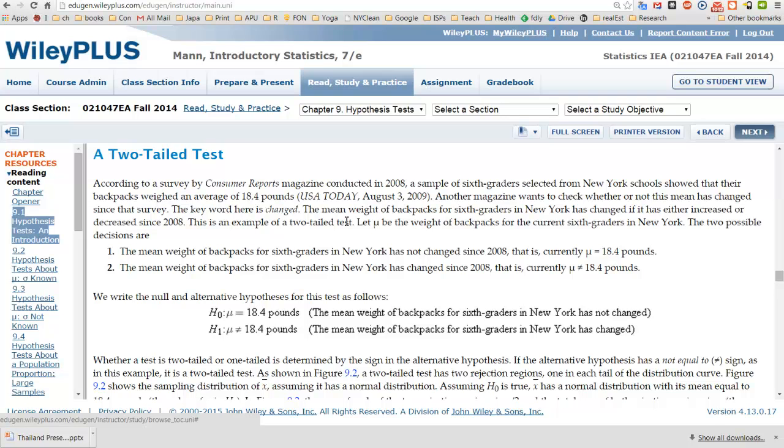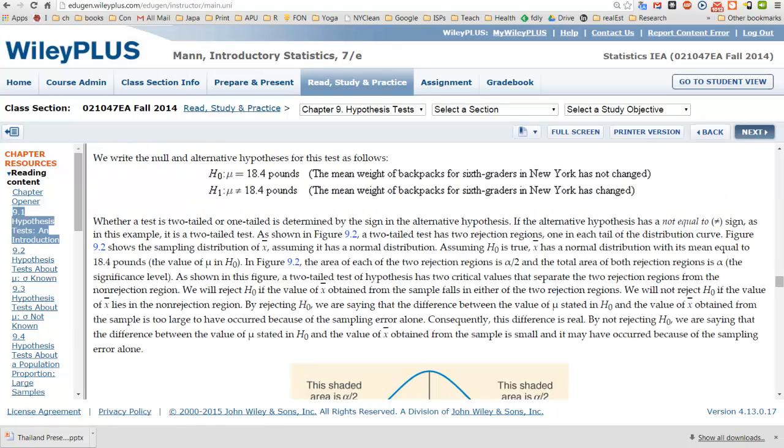So they're going to take another sample and test. Our hypothesis is that it's not changed. That's called the null hypothesis. That is, it's still 18.4, and the alternative hypothesis here is that it's not the same. It's changed. And they write the null hypothesis and the alternative hypothesis like that.